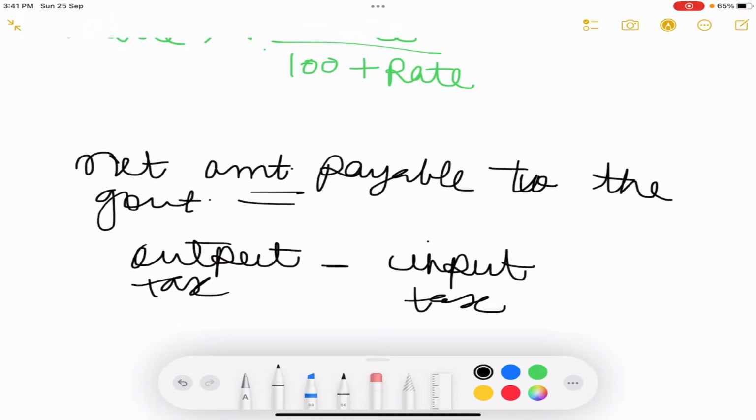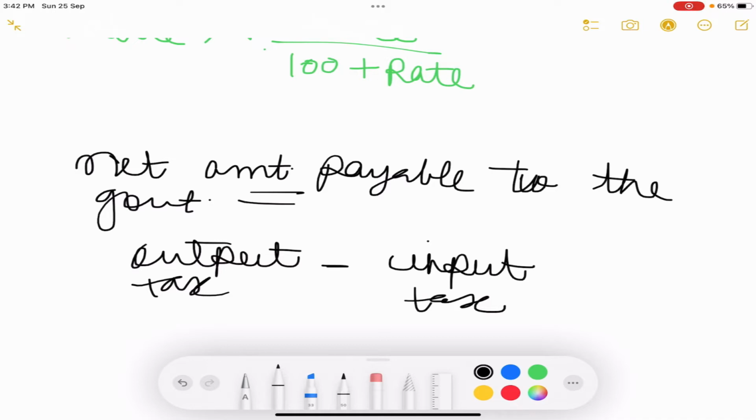So you become the agent in this case, and you have to pay that amount to the government. So that is the output tax. Input tax is something which you have given to the government. Output tax is something which you have to give to the government. So when you purchase, you already paid the tax. When you make a sale, then you are receiving the tax, which you have to further pay to the government. So the net amount which is payable to the government will be output tax minus input tax.